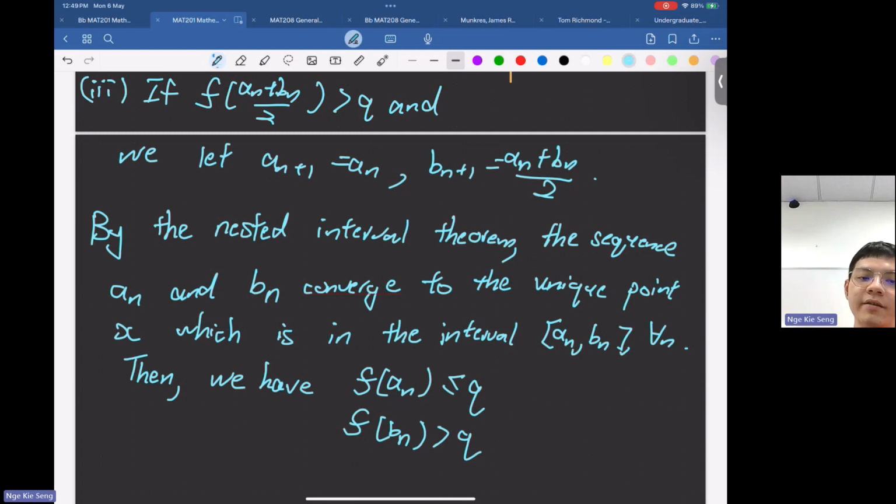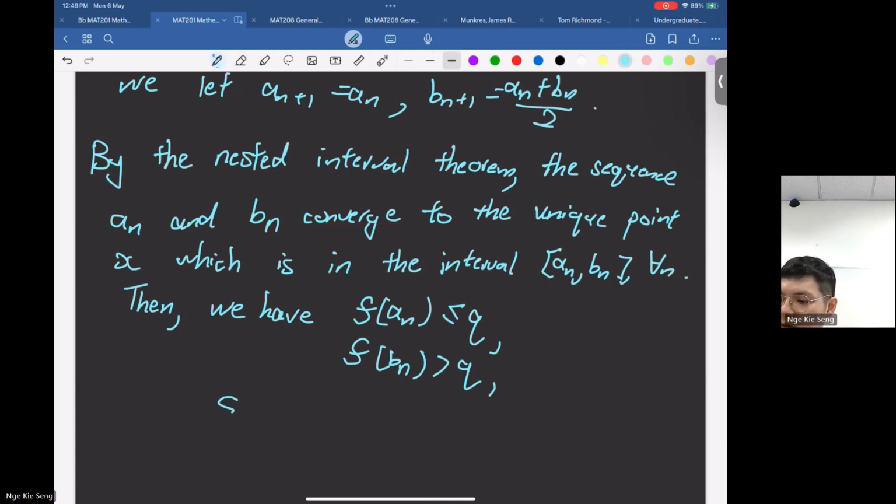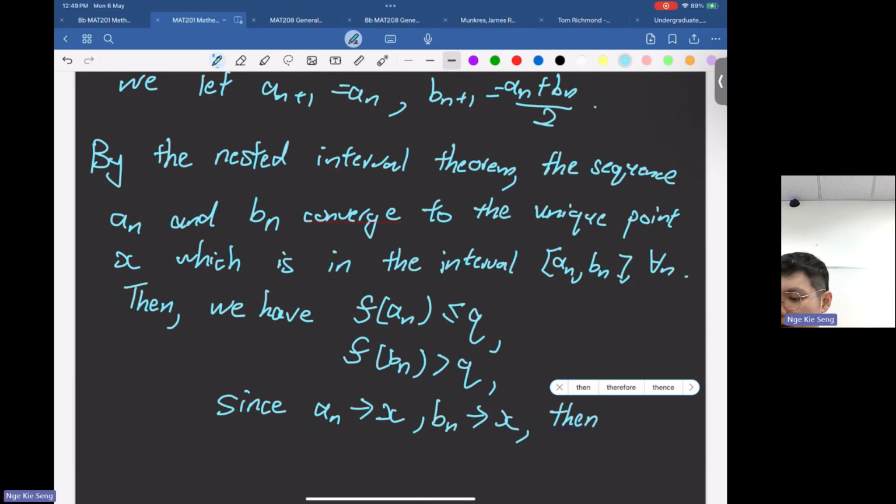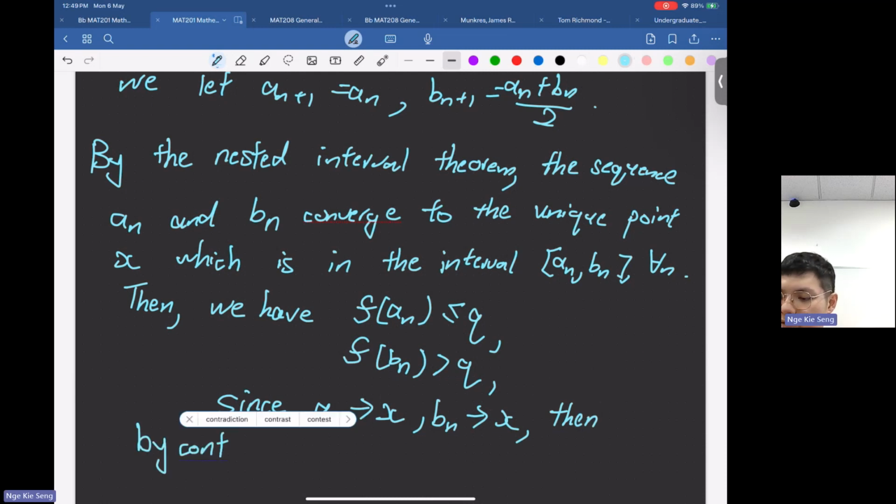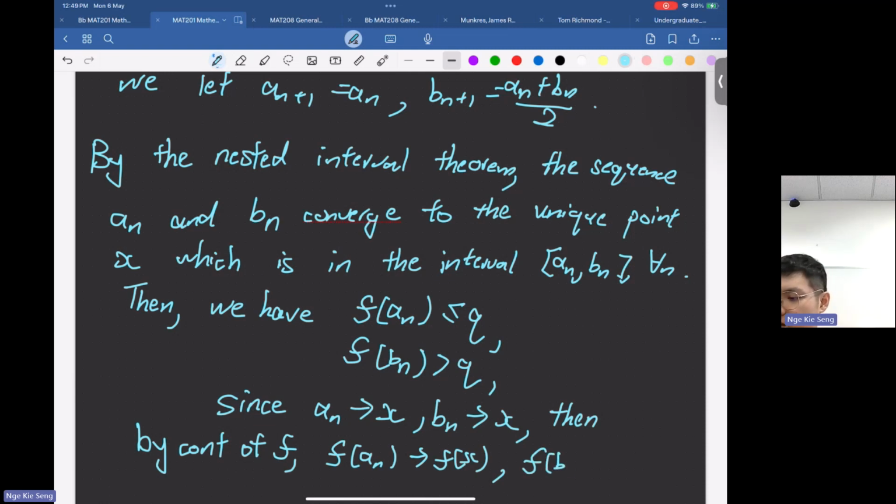And we know that since a_n converges to x, b_n also converges to x, then by continuity of f, what do we know? f(a_n) also converges to f(x), and f(b_n) also converges to f(x).